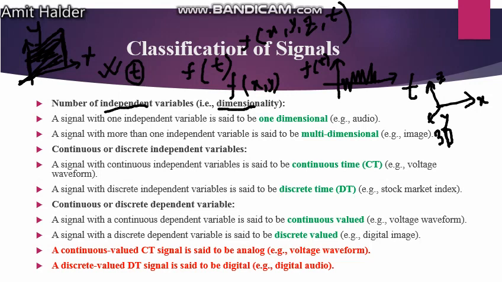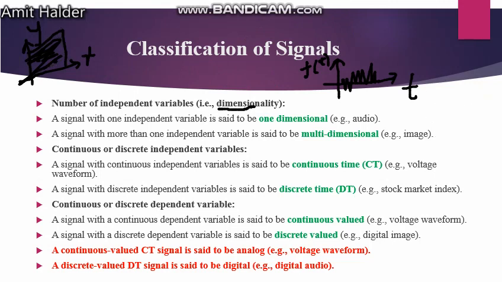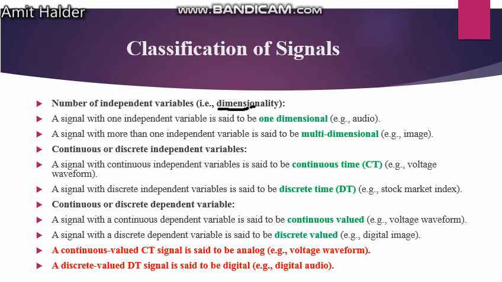Okay. So the second part is continuous or discrete independent variables. A signal with continuous independent variables is said to be continuous time. That is a voltage waveform. Just look into it.